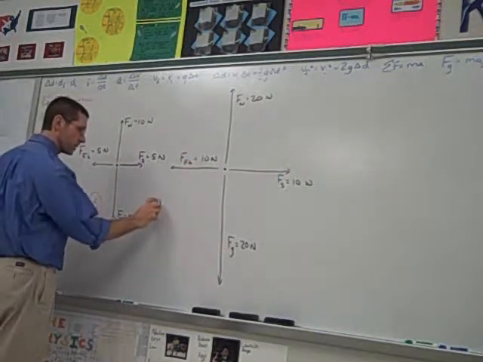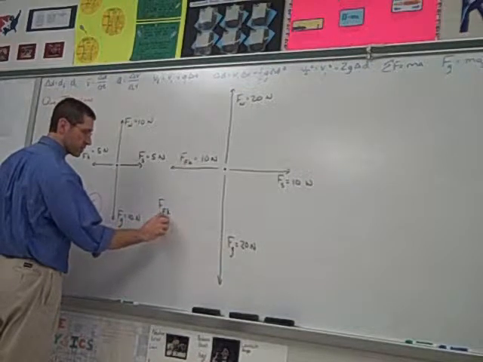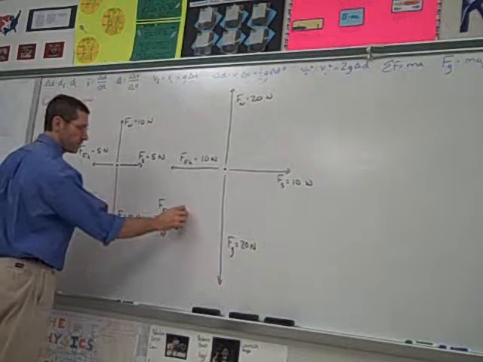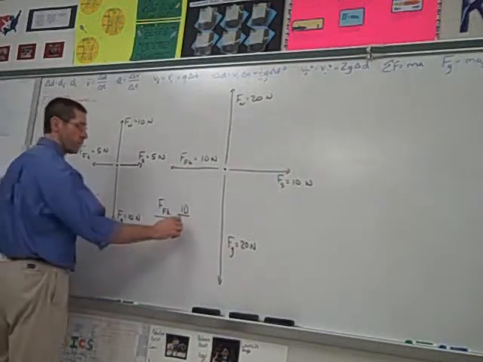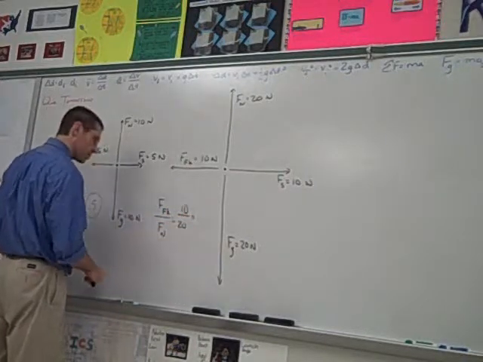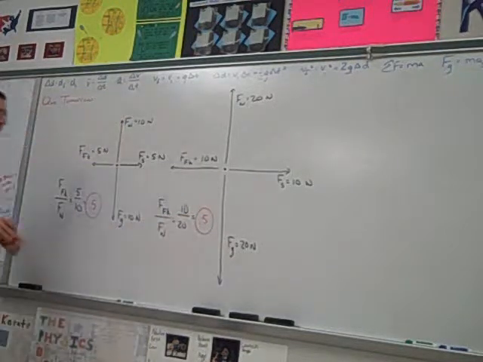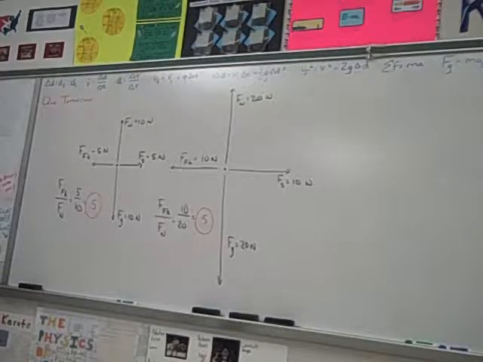And then I look at my ratio again. What is my ratio of kinetic friction to normal force? Friction force is 10, normal force is 20, or 1 to 2, which in decimal is 0.5. So I see again, same 2 surfaces, the ratio of kinetic friction to normal force is 0.5.